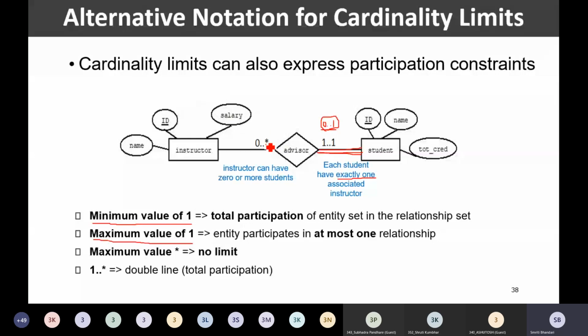So we may put even, if I write 0 dot dot 3, instead of this asterisk, the number 3, how to interpret this? 0 to 3 means that an instructor can have 0 or at the most 3 students associated. So one instructor may be advisor for at the most 3 students, including 0.